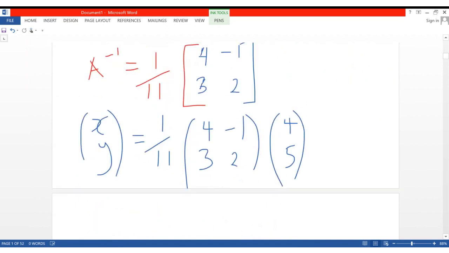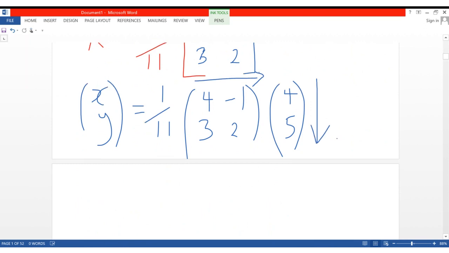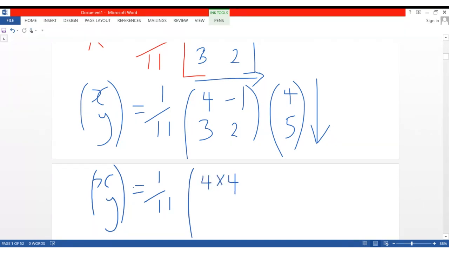So remember how we are multiplying matrices. We are multiplying row, column, row, column, for people who have forgotten. So I remain here with 1 over 11 times xy. I multiply 4 times 4 plus negative 1 times 5.